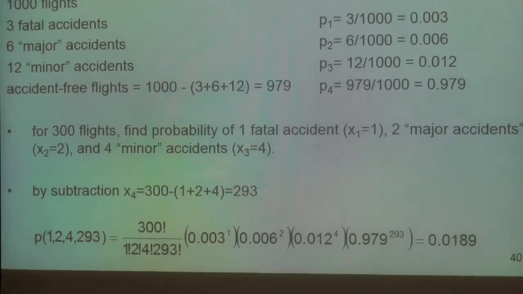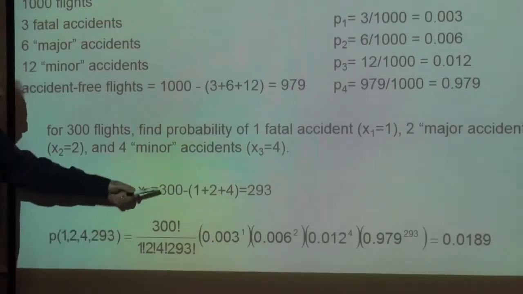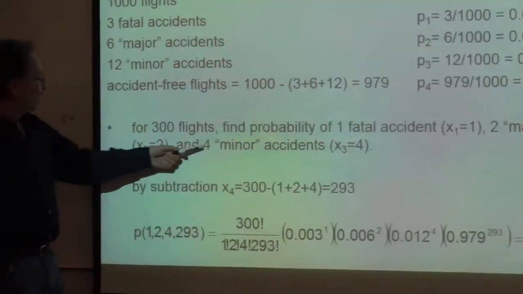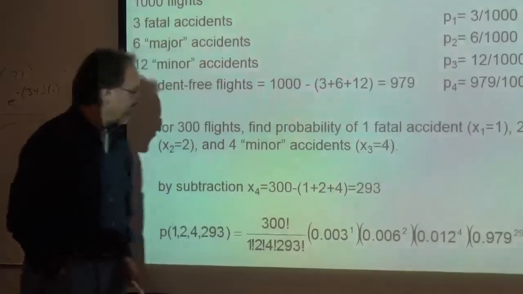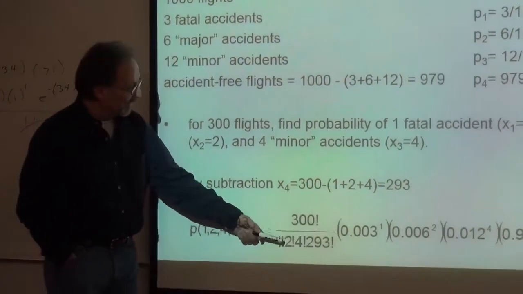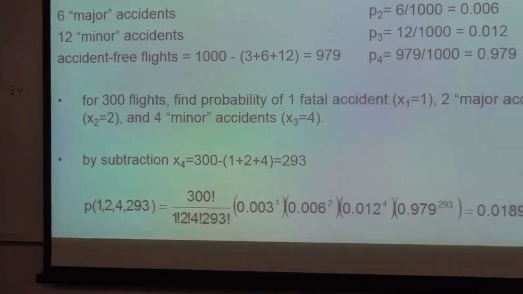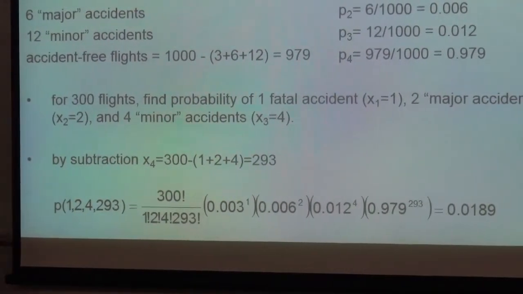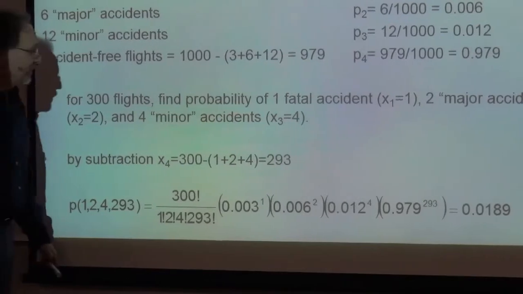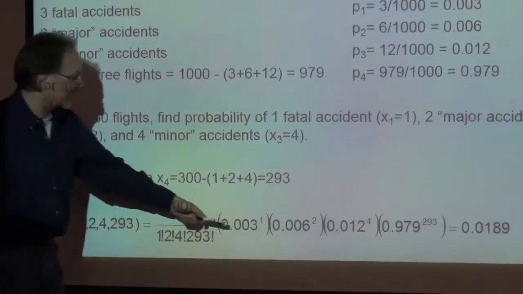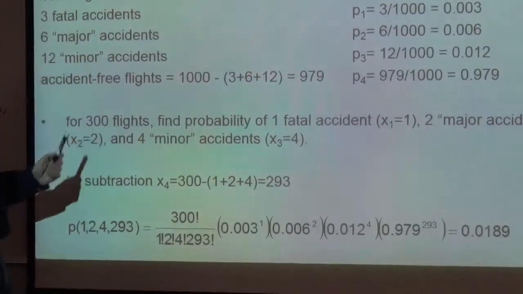So, 300 is the total. That's 1 factorial, 2 factorial, 4 factorial, and 293 factorial. See here the elimination works out pretty well. It's easy to factor out the 293 factorial. The probability associated with fatal is 0.003, to the first power because it's just one occurrence.